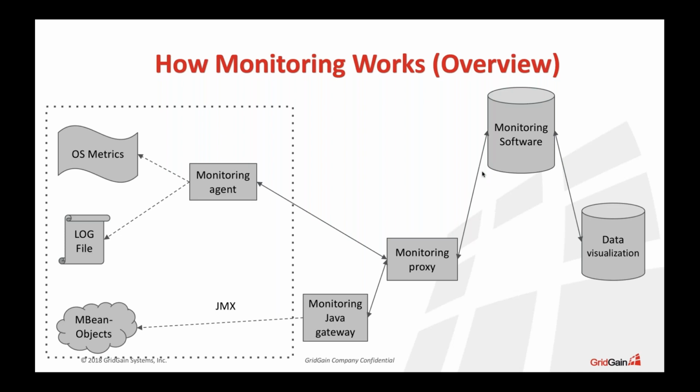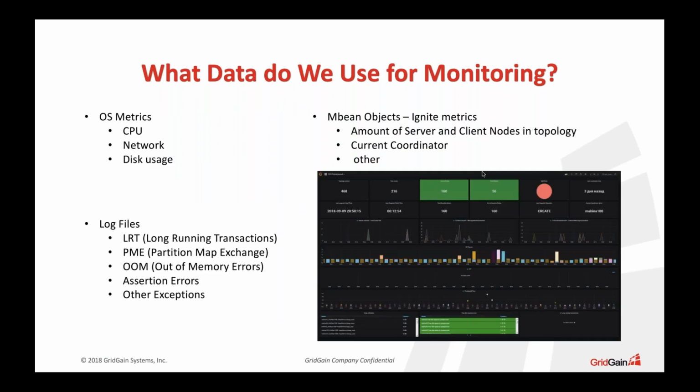As data sources we're gathering OS metrics from hosts, log files from nodes, and using MBean objects to collect all necessary data over JMX. What data do we use to monitor? On our Grafana desktop, we can see an overview of the grid platform health. We have many different dashboards that show information about different parts of the system.